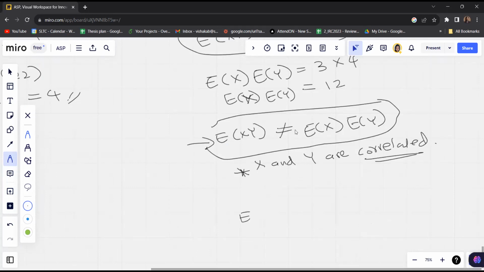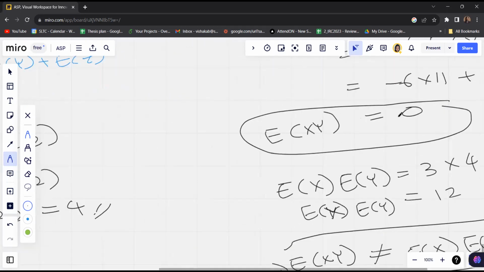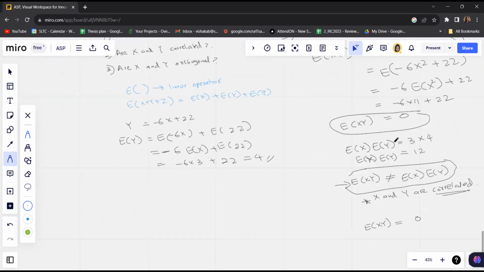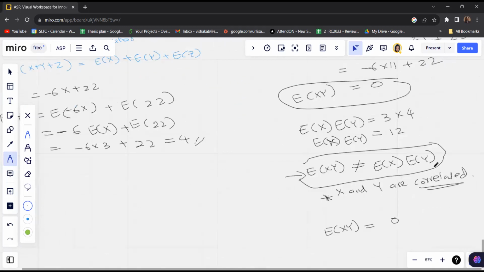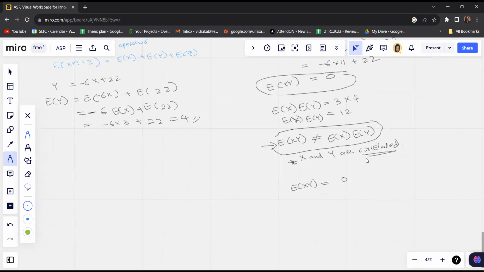And then I asked about the orthogonality. E[XY] should be equal to 0, right? So earlier we found that the E[XY] value is equal to 0, which means that it is orthogonal. That means X and Y variables are orthogonal in this case. So the answer for the third question is yes, X and Y are orthogonal.